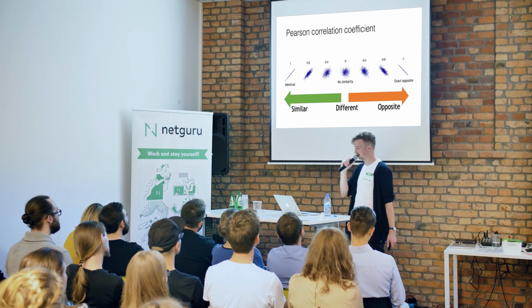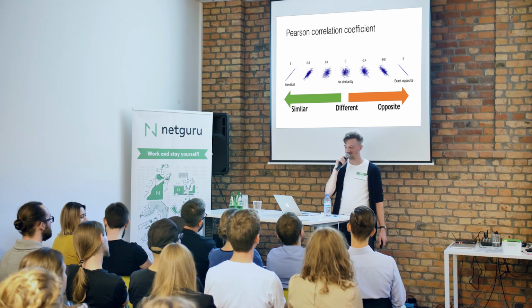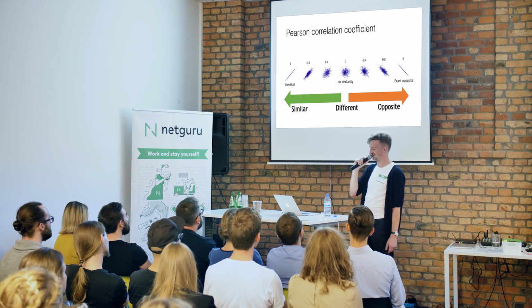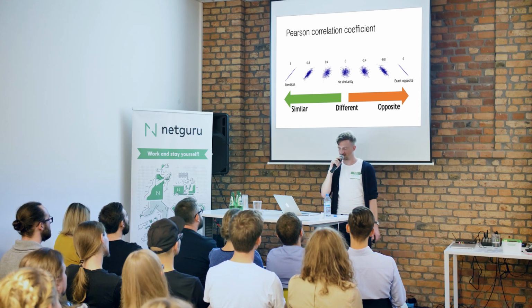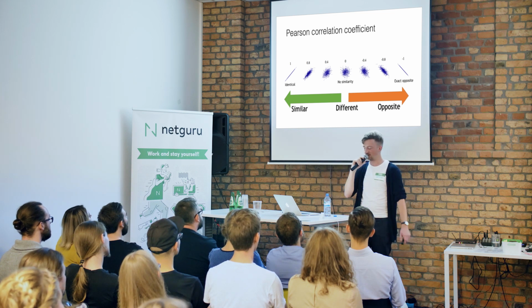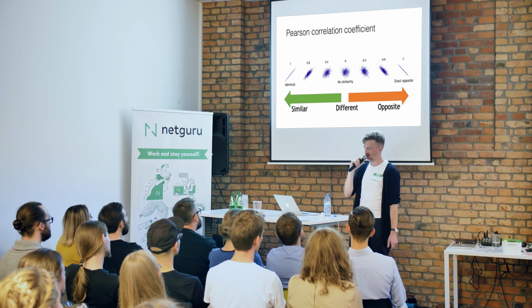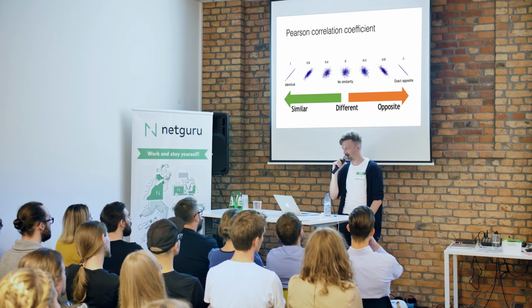So when we go to the left, to the positive values, yeah, I should have flipped that, didn't think of that, along the green arrow, we're getting more similar results. When we're in the middle, there's no similarity at all. And when we go to the right, we end up with completely opposite tastes.